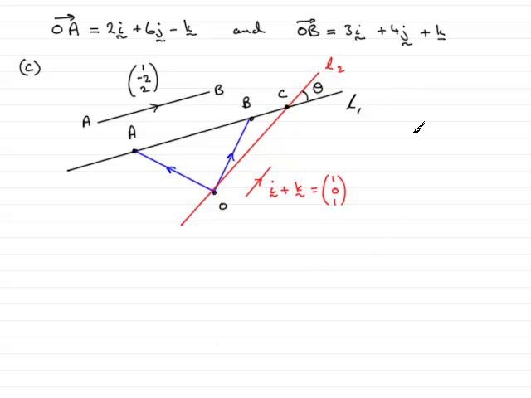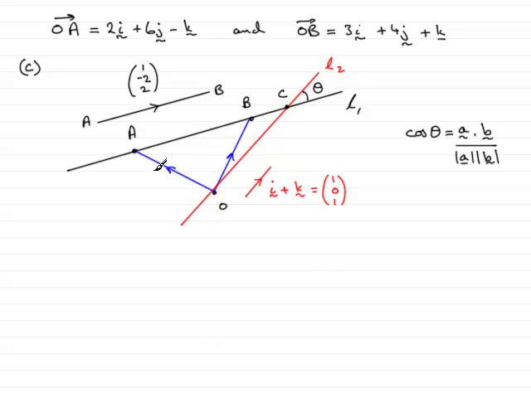The formula is cos theta equals a dot b all over the magnitude of the vectors a and b. But the question is, what are my vectors a and b going to be? Well, those two vectors are going to be the vector AB and the vector i plus k.